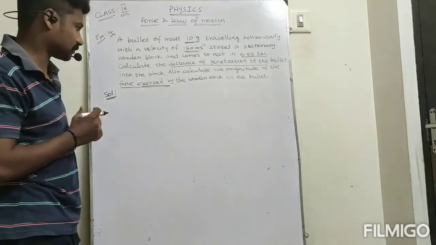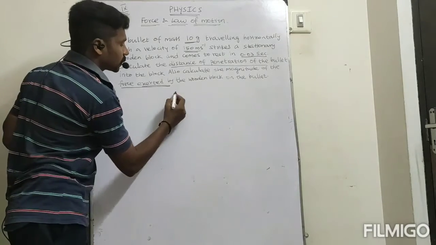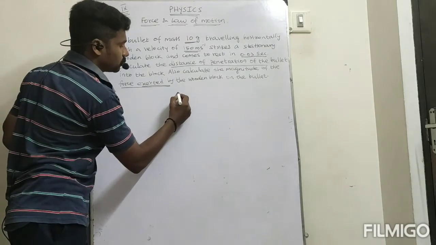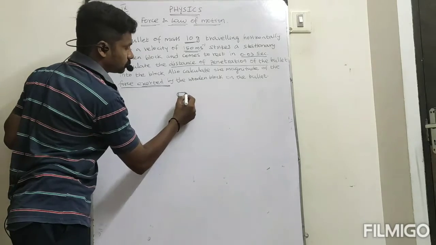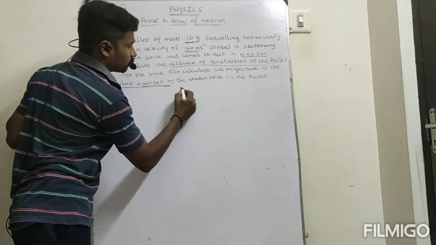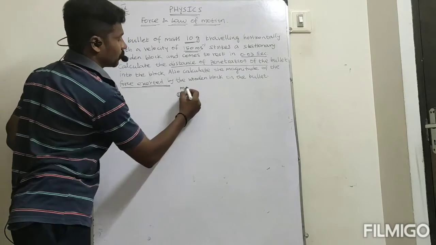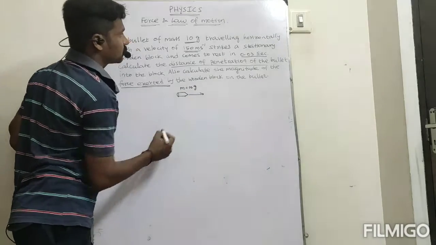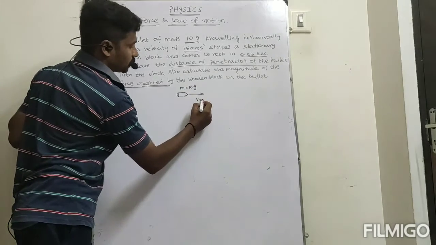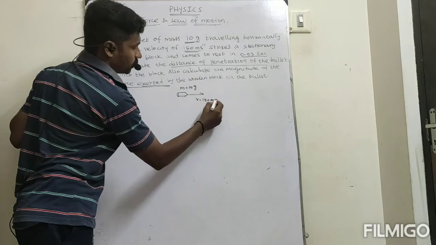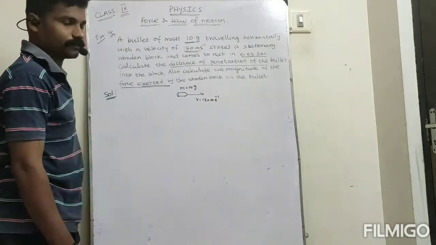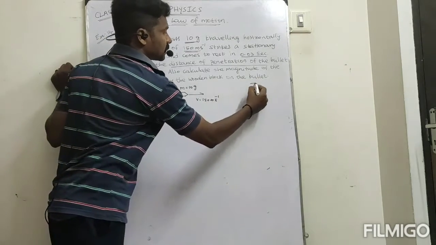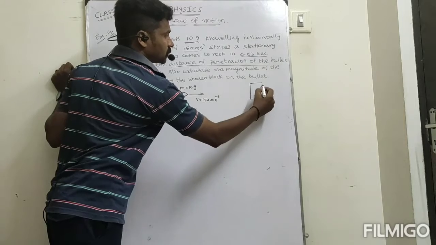Okay, actually, see what this question is saying. So this is the bullet, the bullet mass is given, the mass is 10 gram, the bullet velocity is given, that is 150 meter per second. So here one block is there, this is the block.